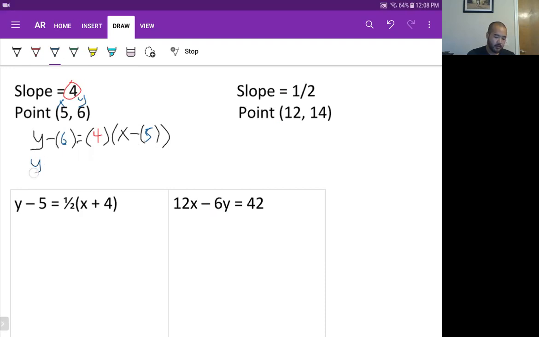So y minus 6 equals 4 parentheses x minus 5. That's that. You can skip straight to the answer. So y minus 14 equals 1/2 times x minus 12. So those are your equations.